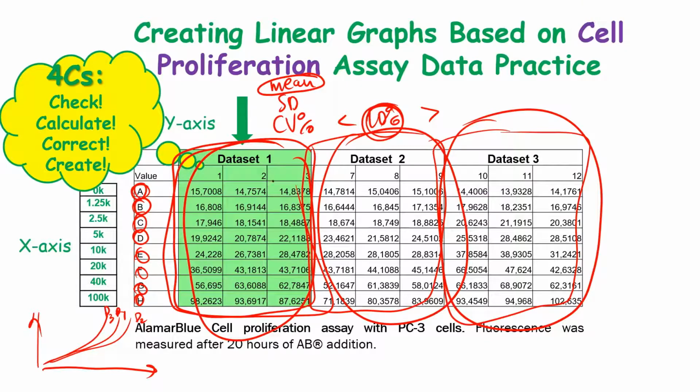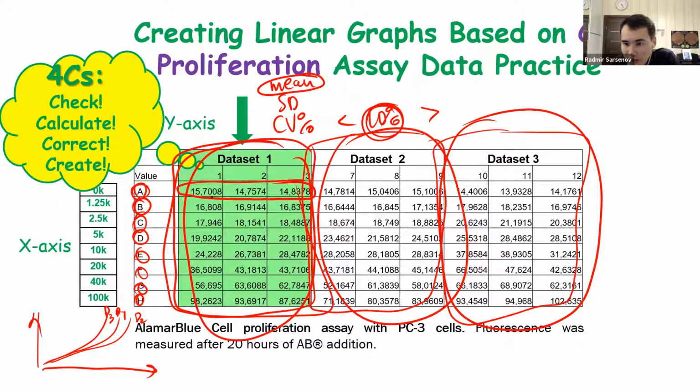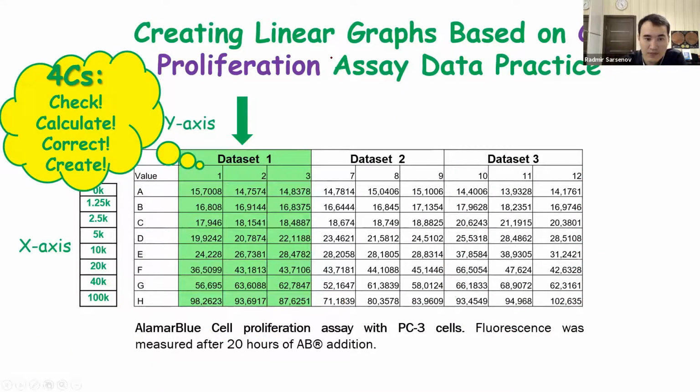Not all the mean values. You find the corrected RFU. In this case, you find the mean of the corrections. So here, first of all, you find the blank. Okay, yeah, I got it now.